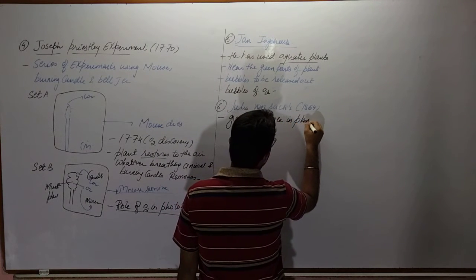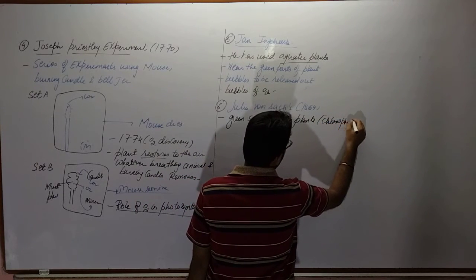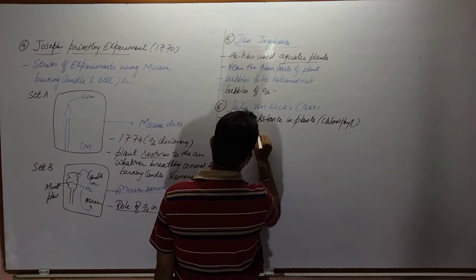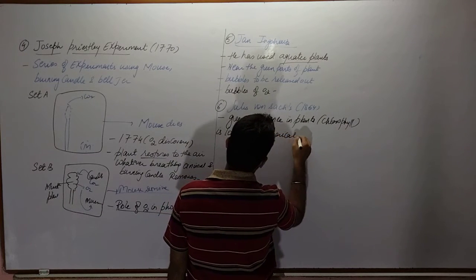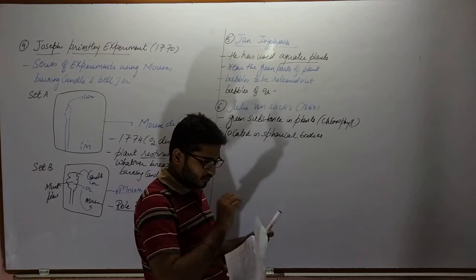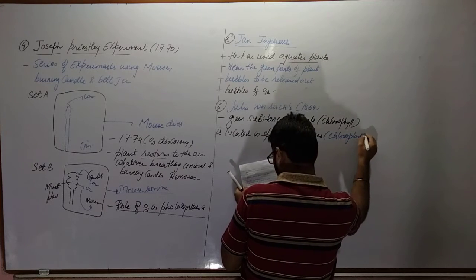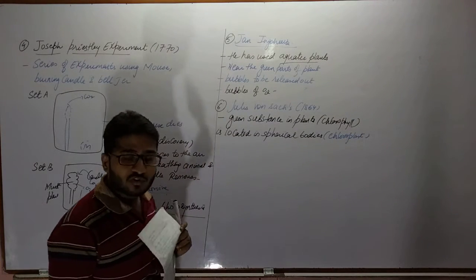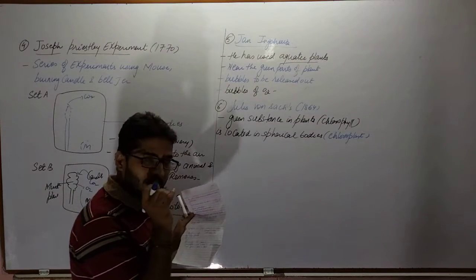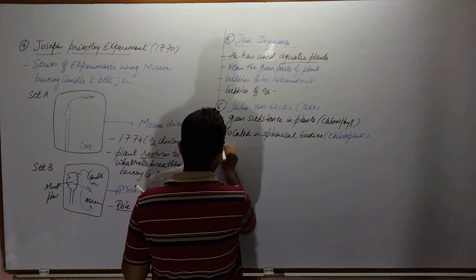Basically, now we know that this green substance is chlorophyll, and these spherical bodies are nothing but chloroplasts. They synthesize glucose, and this glucose is stored in the form of starch.